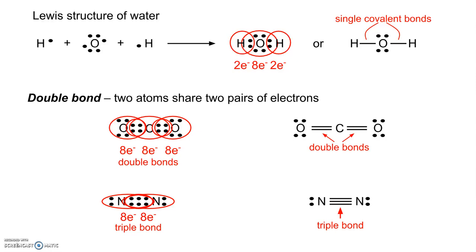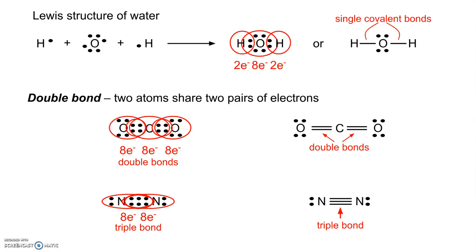So what is a double bond? A double bond is two atoms that share two pairs of electrons. So if you notice, carbon dioxide is actually going to create this linear structure, and it's going to have double bonds. Notice 8, 8, and 8. Carbon's happy. It gets 8 electrons. But look back up at that hydrogen. Did hydrogen follow the octet rule?